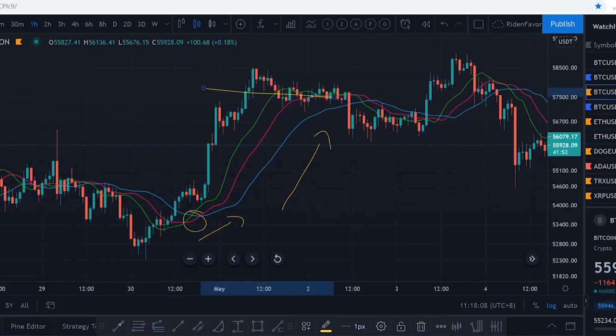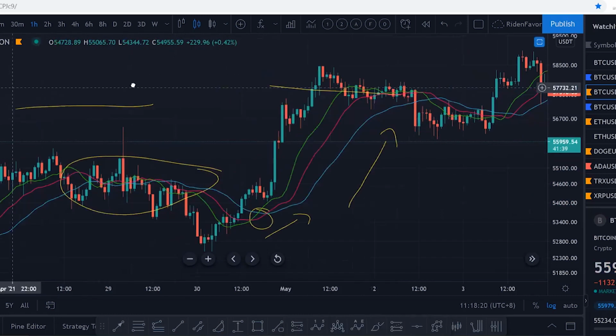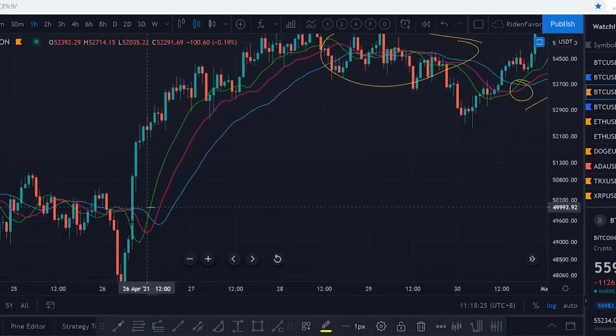You have to be patient on this side when the alligator is sleeping. But once you see the trend, definitely you will have a nice profit with this. So imagine this now fully open. Make sure that the alligator's mouth is fully open.